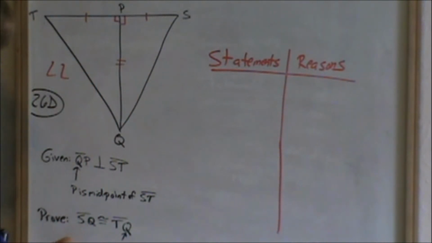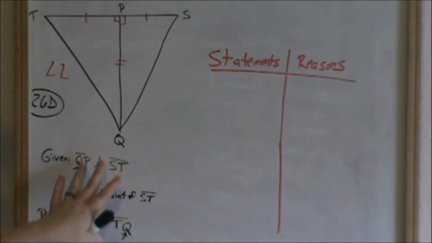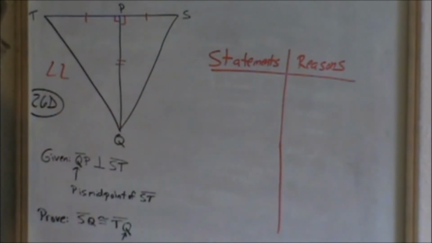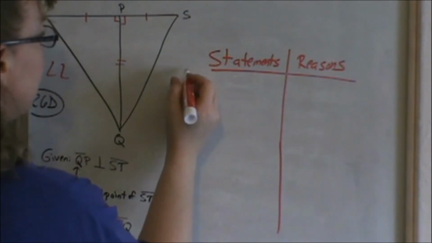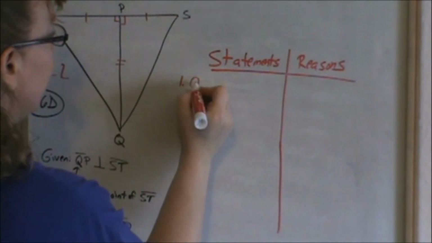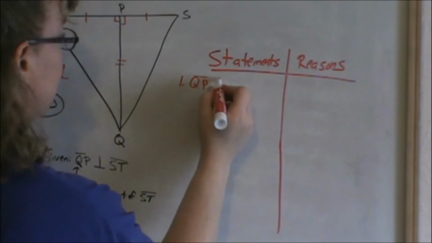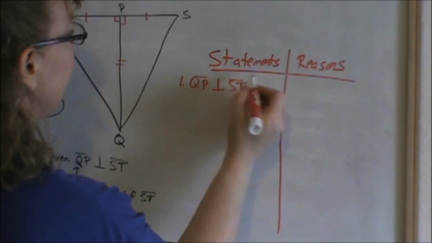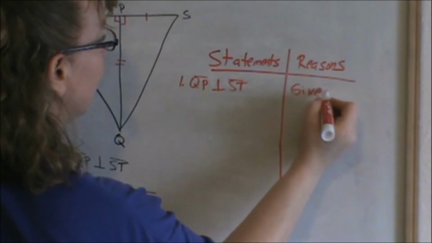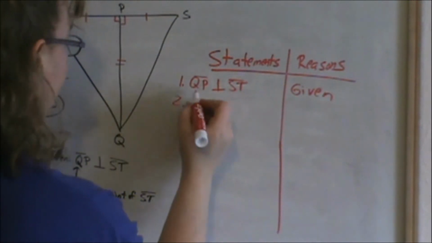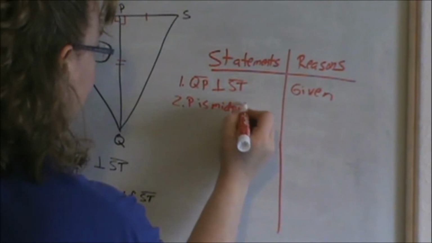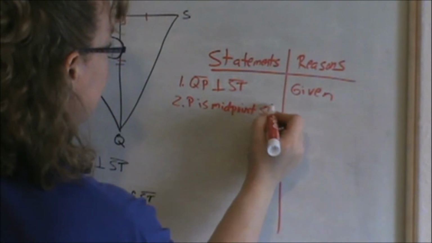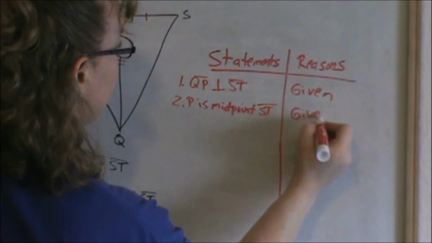Now I just need to make sure I get all of my statements, everything put into evidence in a good order. Okay, I'm always going to start with the givens. So, given that QP is perpendicular to ST, given, then we are told that P is the midpoint of ST, that's given.